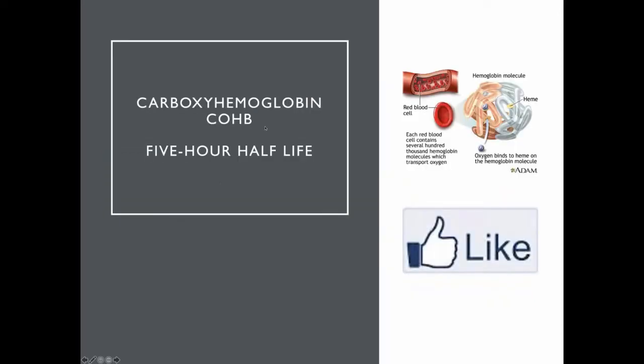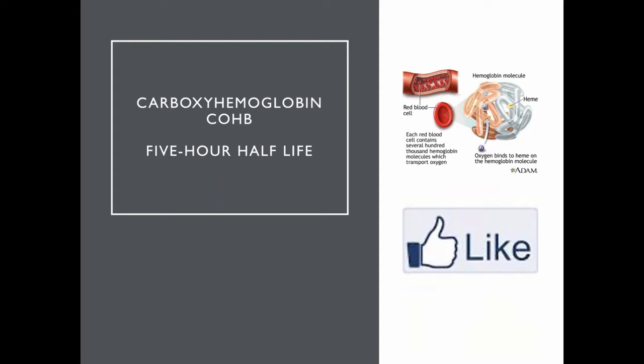Why is it so bad? Your body actually prefers carbon monoxide to oxygen. The carbon monoxide displaces the oxygen in your blood and forms carboxyhemoglobin, and it essentially starves your organs of oxygen. One of the things that's particularly troubling about carboxyhemoglobin is it has a 5-hour half-life.